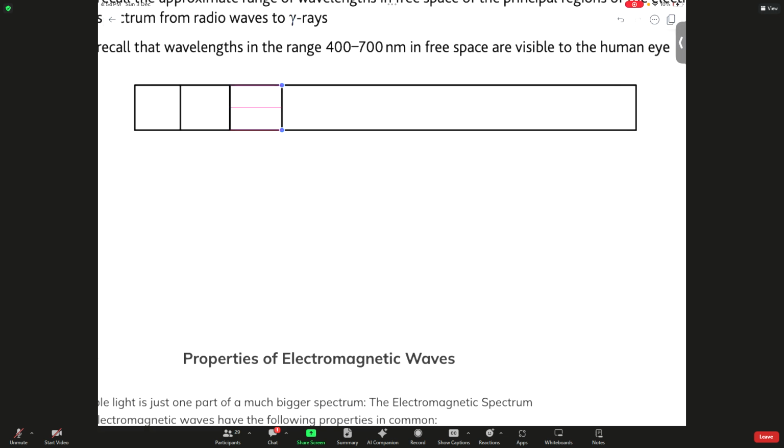Tell me in decreasing wavelength, increasing frequency. Okay, tell me which one has the longest wavelength? Radio waves, right? Then the first one is radio waves.